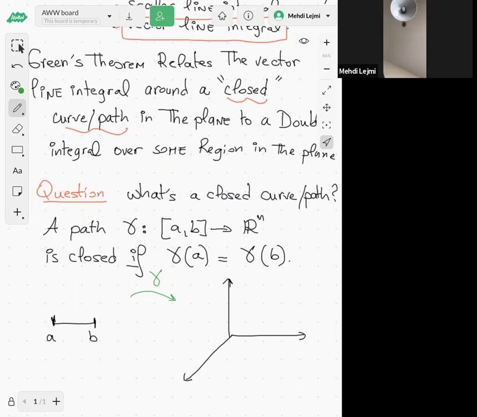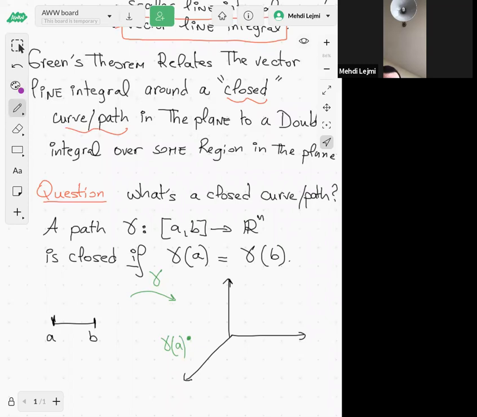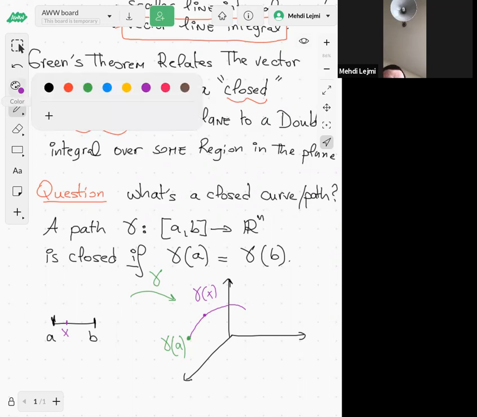So let's say gamma of a is somewhere here. And then here's some x in the interval [a, b], so somewhere you have gamma of x, etc. And then what I'm saying is that gamma of a has to be equal to gamma of b, which means they coincide, they are the same point.